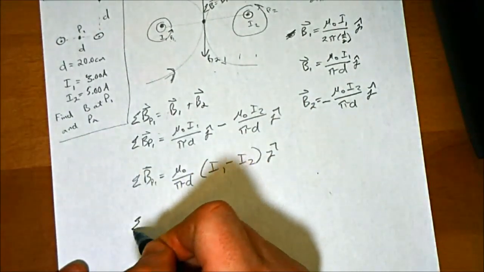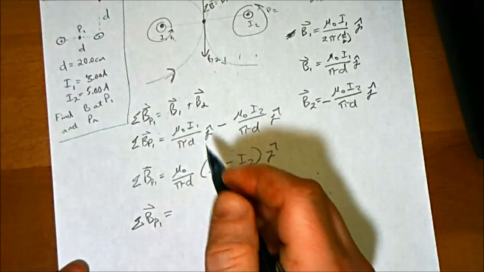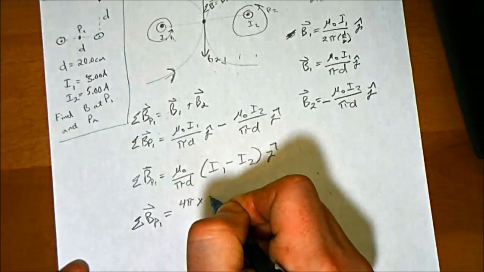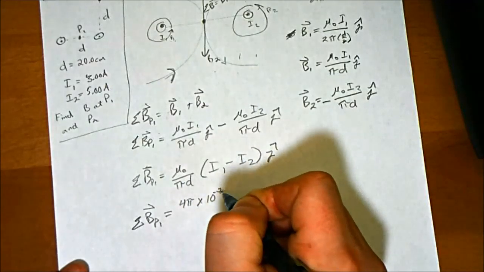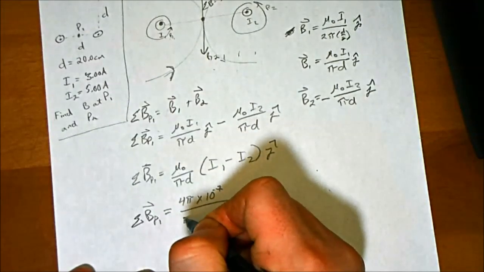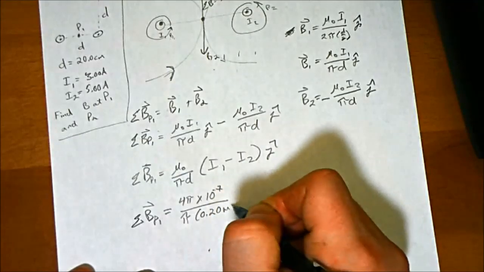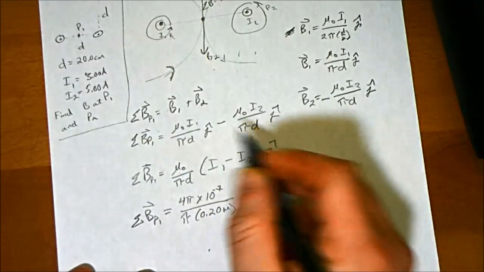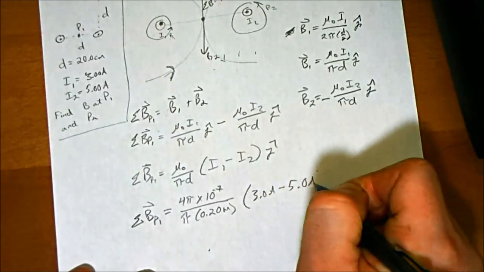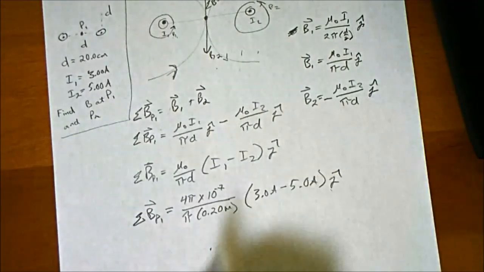If I put in the numbers for this, permeability of free space is 4 pi times 10 to the negative 7. I'm leaving the units out right now because I'm being a little lazy. Pi times 0.20 meters, I1's 3.0 amps minus 5.0 amps.